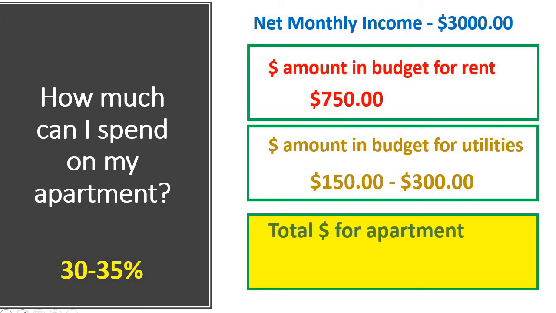And so what will that range be? Perfect, from 900 to 1,050, because all I did, I took 750 plus 150, that's 900. 750 plus 300, that's 1,050. Beautiful. So there's the range that I would want to have for how much I can spend on the apartment, again, based on how much I make.